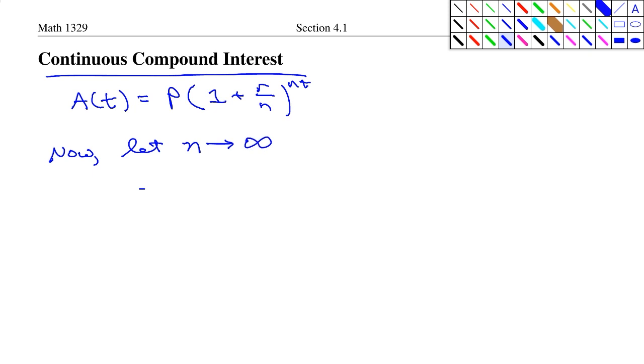And what that would suggest is that the money is continuously being compounded, just all the time, right? No stop. And then let's write that down. So n is going to infinity so that money is continuously being compounded.